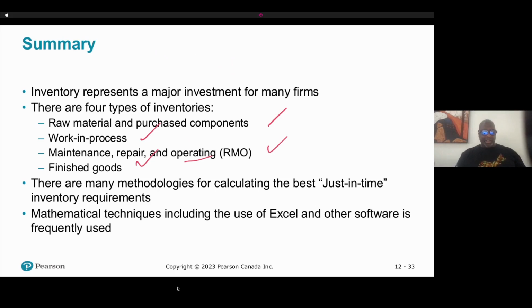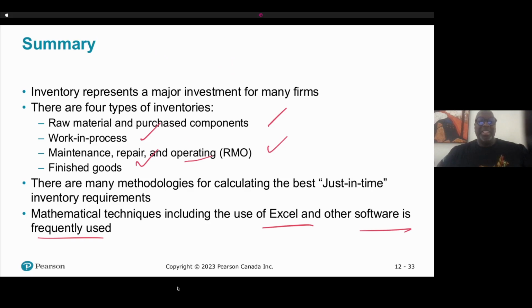Mathematical techniques, including the use of Excel and other software, are frequently used in computing the economic order quantities. Remember also, there are 2 main decisions we make: how much to order and when to place the order. How much to order is the order quantity, Q star for EOQ. And for the production order quantity model, the optimum quantity we call the optimum production order quantity, POQ.